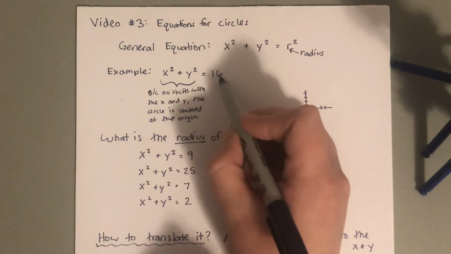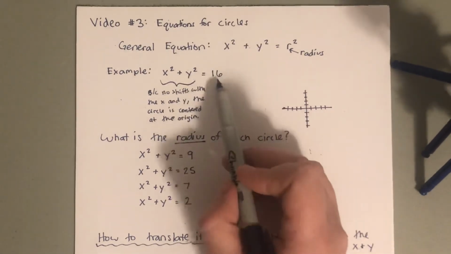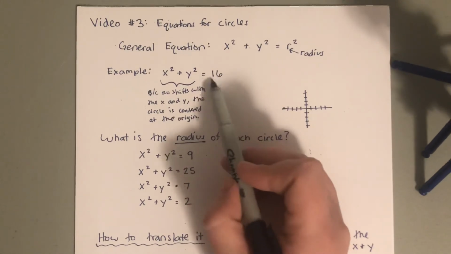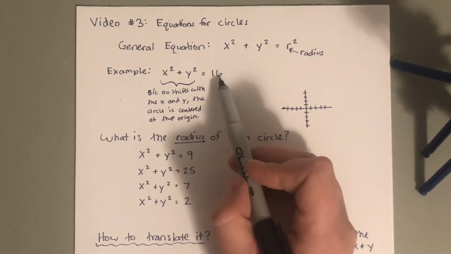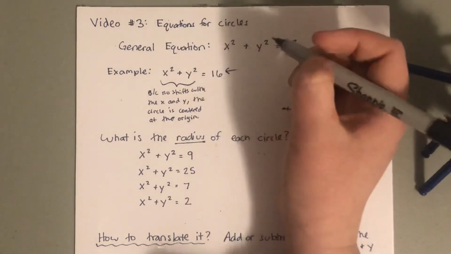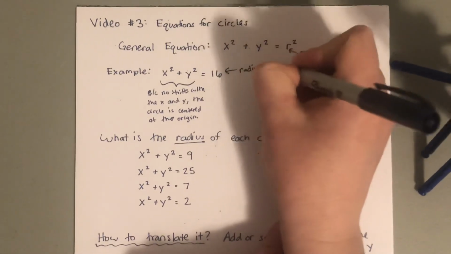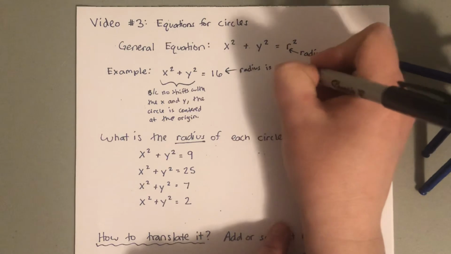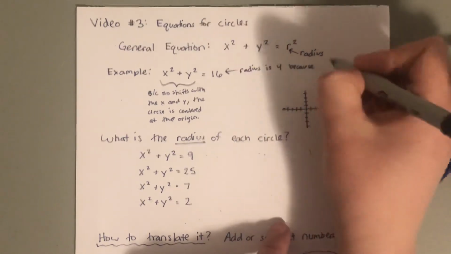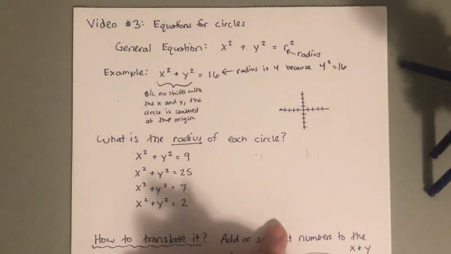This part tells us how big the circle is going to be, what the radius is. This number that you see here is the radius squared. Since 16 is 4 squared, the radius must be 4, because 4 squared equals 16.